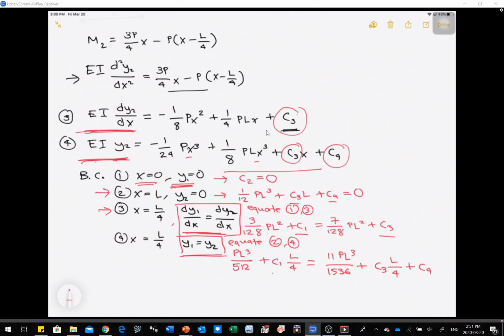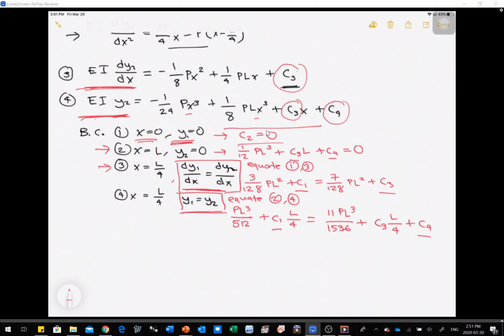So you have C1 and C4 right there. As you can see, we have C1, C4, C3, C1. So we have 3 equations right there, 3 unknowns, actually 4 unknowns because we have the first one as C2 is equal to 1. And once you solve those constants, you're going to get the following.